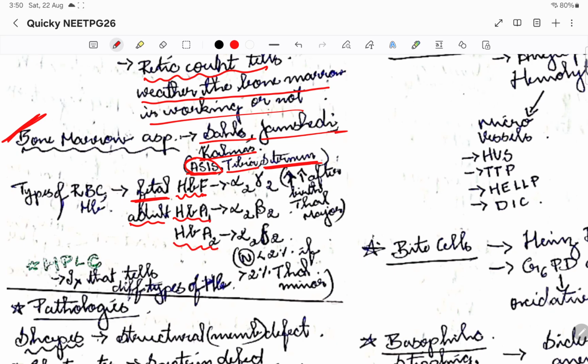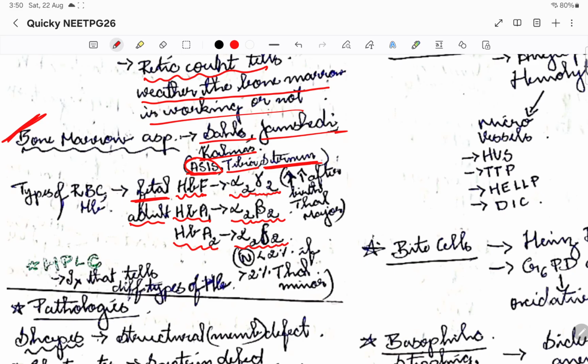Fetal HbF is two alpha subunits and two gamma subunits. In adults, HbA1 is two alpha subunits and two beta subunits, whereas HbA2 is two alpha subunits and two delta subunits.